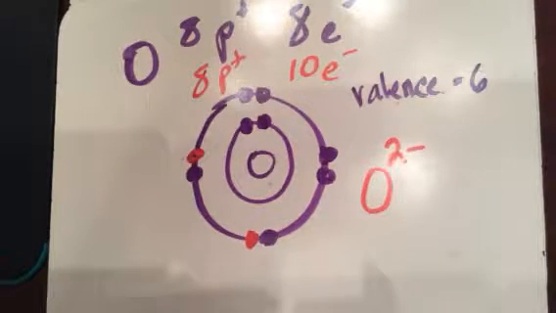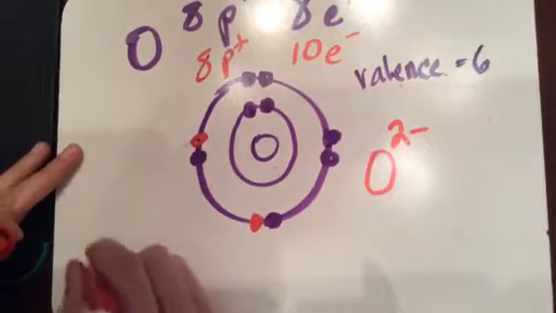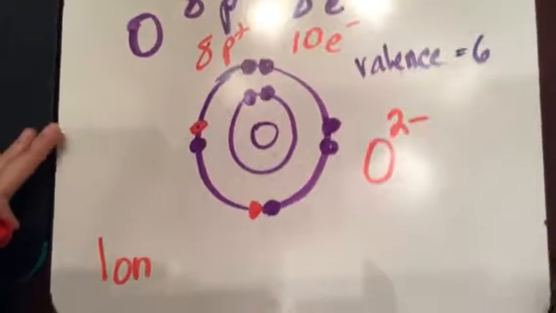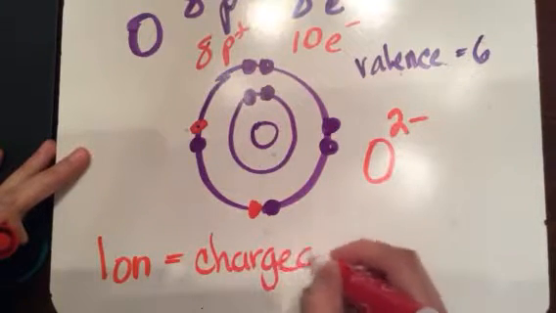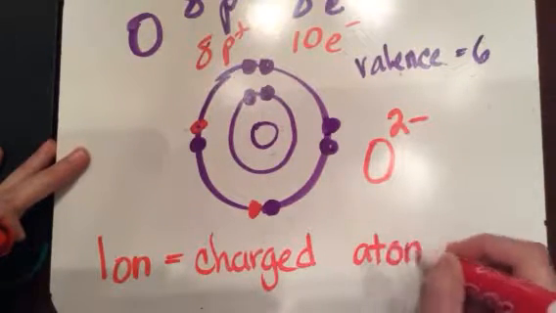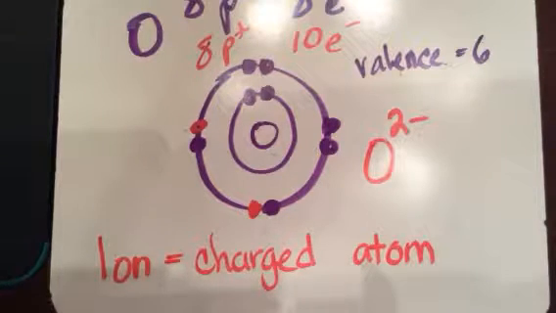Now, this is called an ion. Ions are charged atoms. So anytime that you hear me say an atom, you can typically assume that I mean a neutral atom. If I say an ion, that's talking about a charged atom.